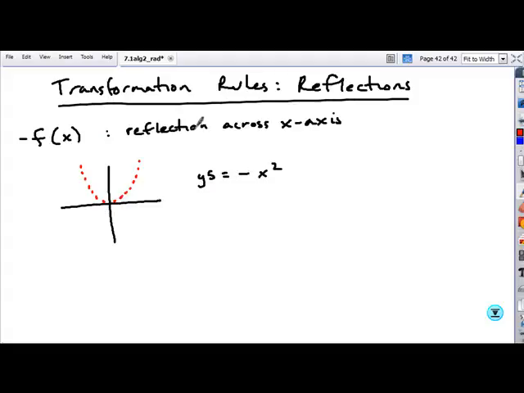And this reflection occurs before shifting. And so you think of that before you shift it. So if I have negative x squared, I'm just going to take that graph and I reflect it, mirror it across the x-axis.